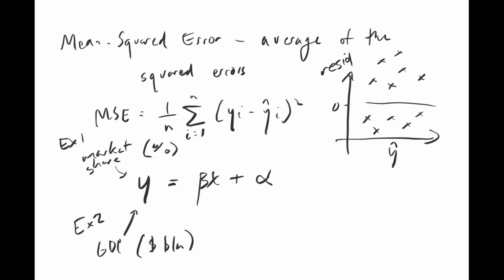Your mean squared error is going to depend on the magnitude of your y, so you can't compare the mean squared error in a model describing something on a percent scale, where it might be less than 1, versus a model describing GDP, where it might be on the order of millions or billions.